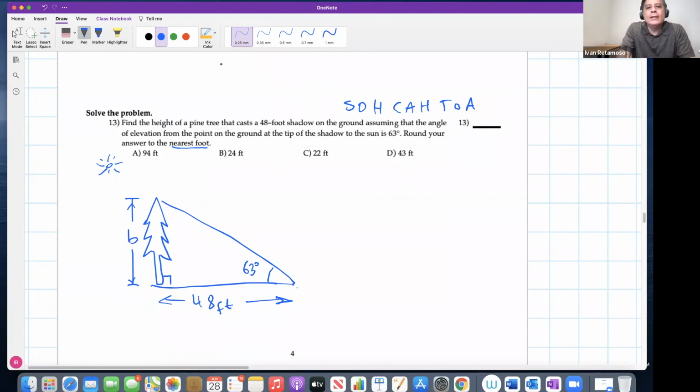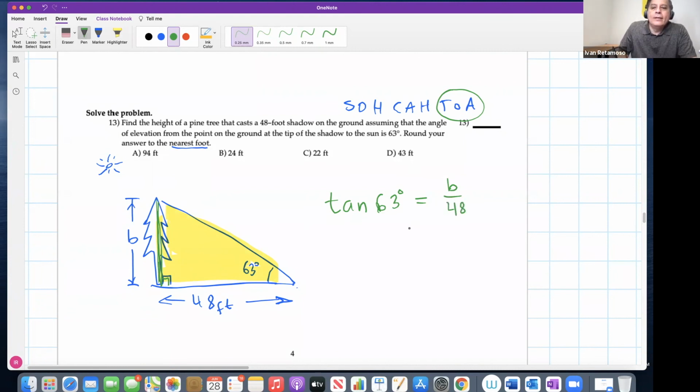Very good, excellent. Notice that if you focus your attention on this triangle, formed by the pine growing vertically, it is not hard to see that a good choice of trigonometric function to work with should be tangent, given by this TOA, because tangent of this angle, 63 degrees, relates the height B, opposite, and the adjacent, 48 feet.